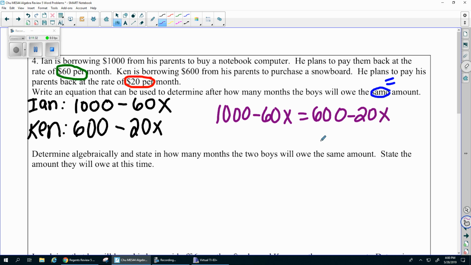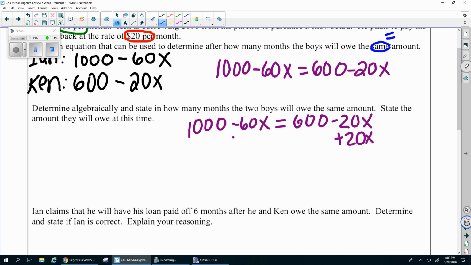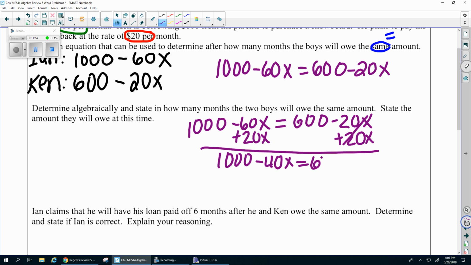Determine algebraically and state in how many months the two boys will owe the same amount. So let's solve our equation that we wrote. 1,000 minus 60x equals 600 minus 20x. I'm going to start by adding 20x to both sides. And I get 1,000 minus 40x equals 600.